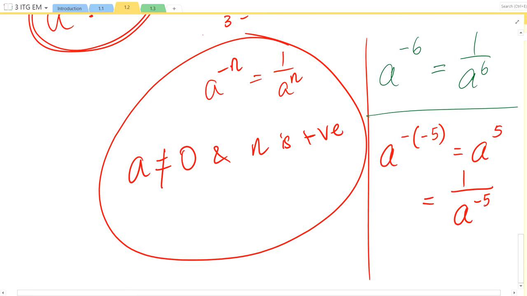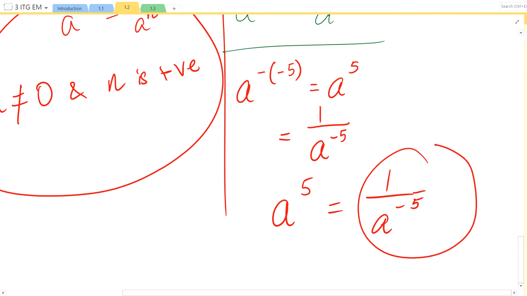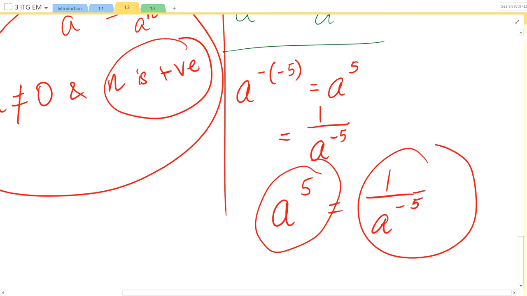Is there something wrong over here? No, there isn't anything wrong. This simply tells us that A to the power 5 is actually 1 over A to the power negative 5. But why do you want to complicate things, writing it like this when you simply have A to the power 5? So it is not that n must be positive. It can be negative, just like this.